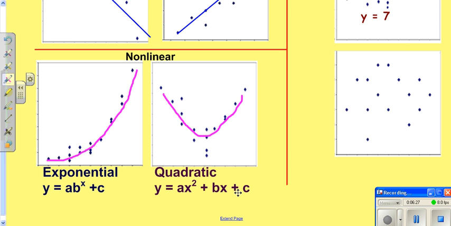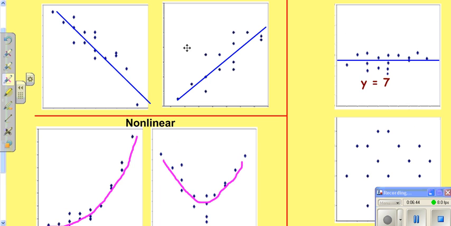The second one is quadratic, given to you in this form. For the sake of this class, we're not really going to consider these here. If you do come across anything like this, you just state that it's nonlinear. Don't be concerned about the ugly-looking equations at the bottom. So we're going to be looking in this class at linear ones, or if they're not linear, we're going to call them nonlinear.